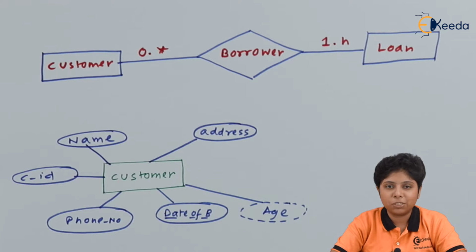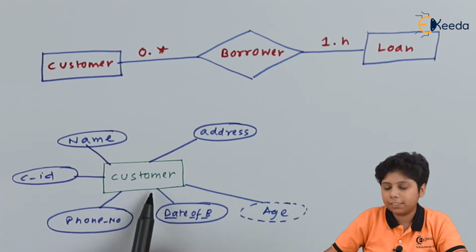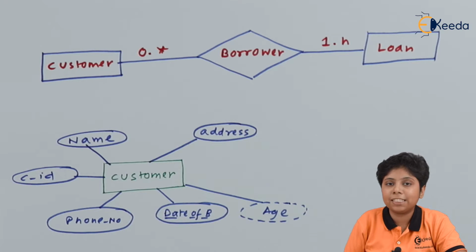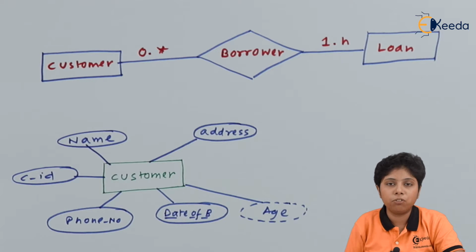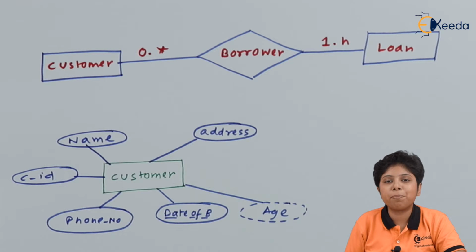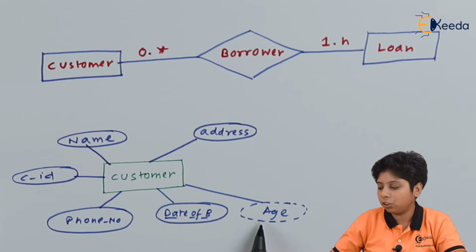Now let's look at this one. We have a customer relation. It is not about the relationship now; we are considering derived, multi-valued and multi-part attributes with this problem. First we will talk about the derived attribute. When I am representing a derived attribute, I should write it with a dashed oval.